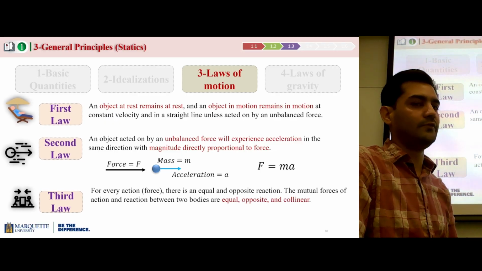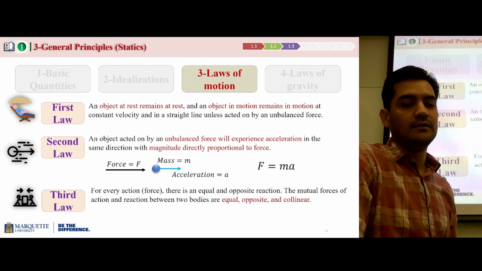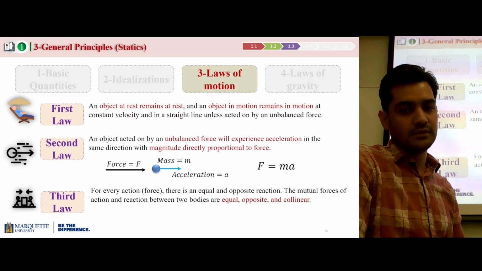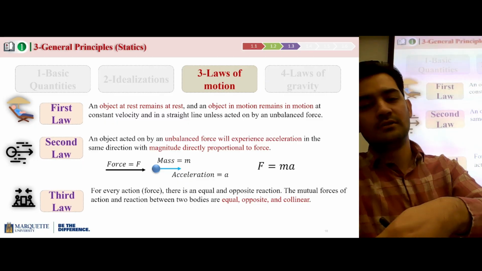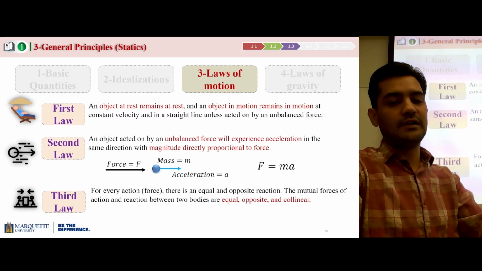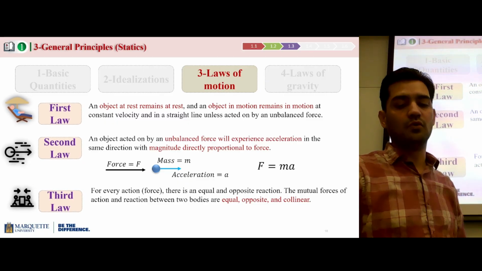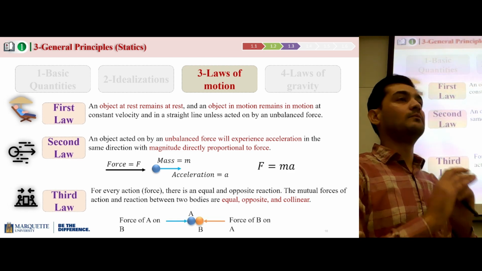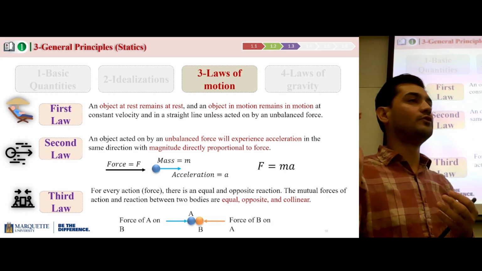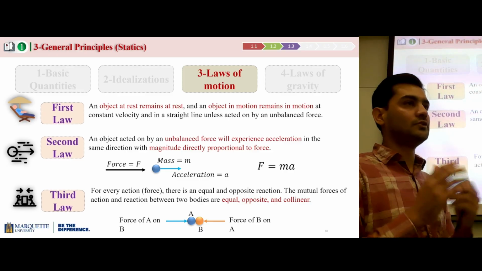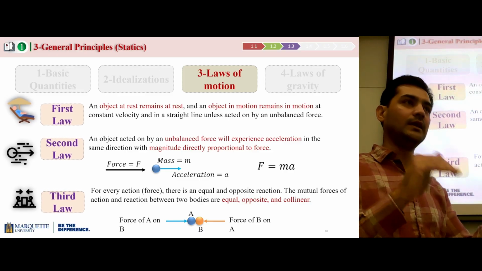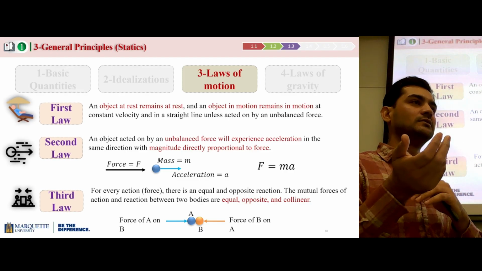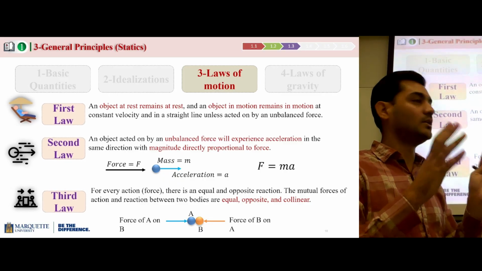And then you have the third law of Newton. Newton said that for every action, there's an equal and opposite reaction. The mutual forces, action and reaction between two bodies, are equal, opposite, and collinear. So if something is in equilibrium and you have forces being applied, the forces should be equal but opposite in direction. That's why something is in equilibrium.